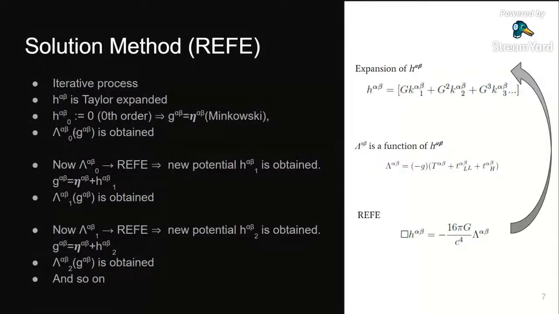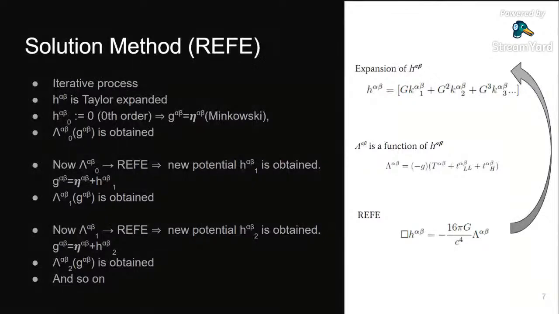Now this Minkowski metric we use to find the lambda zero term. This lambda zero term goes into the relaxed Einstein field equation. Solving this relaxed Einstein field equation gives us a new h. This new h is the first order correction to the previous h, and the previous h was zero. So it is just going to be h_1 alpha beta, and that gives us a new metric.